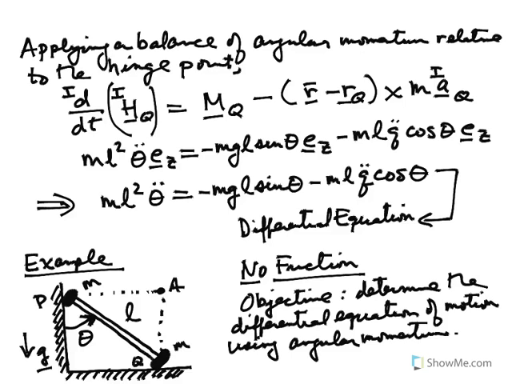But the masses at the ends of the arm are both moving in straight lines. P is moving in a straight line vertically, and Q is moving in a straight line horizontally. So the best way to describe this is using Cartesian coordinates.